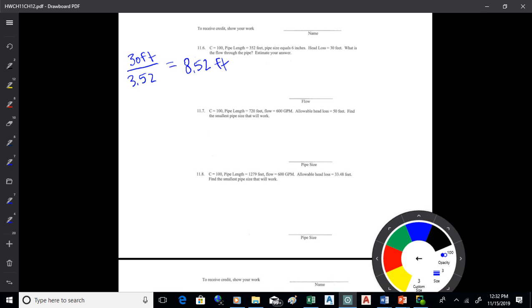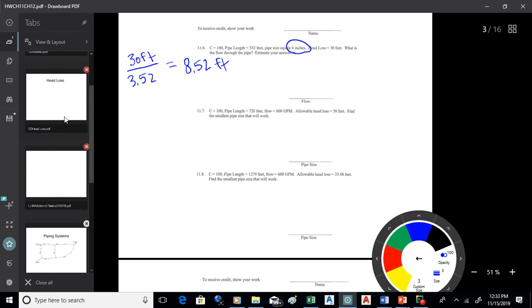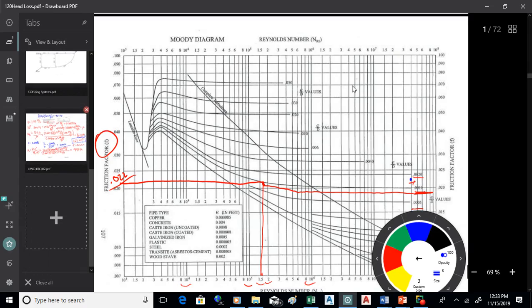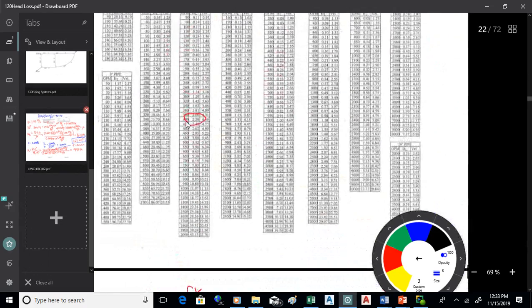Now what I would do next is go to the charts. We've got a 6-inch pipe and a head loss of 8.52 feet per 100, so we want to have a look at that. Now we're doing the Hazen-Williams method, so we want to get to the chart. There it is.